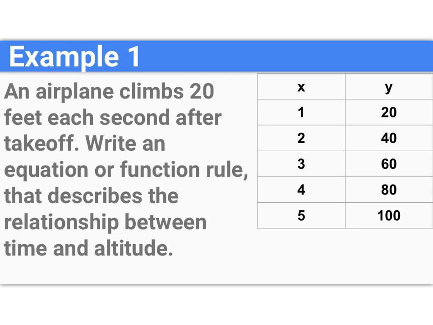An airplane climbs 20 feet each second after takeoff. Write an equation or function rule that describes the relationship between time and altitude. All right, how you read a story: whenever you see the word each, every, per, and sometimes for, these mean divide.